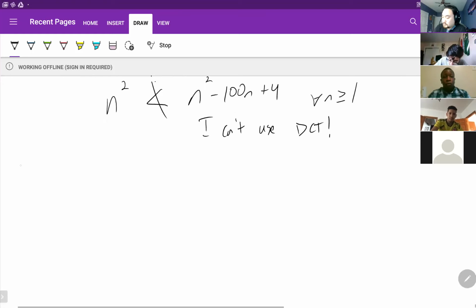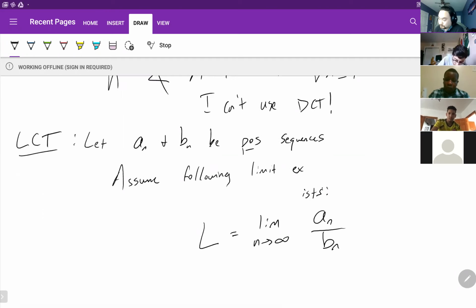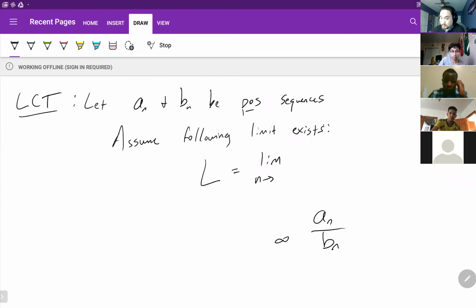And then assume the following limit exists. So L equals the limit as n goes to infinity of A sub n over B sub n. Okay, there we go.